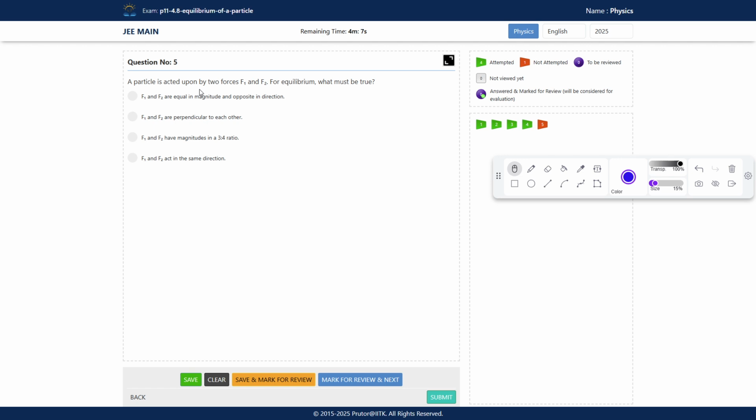A particle is acted upon by two forces F1 and F2 for equilibrium. What must be true? Option A, F1 and F2 are equal in magnitude and opposite in direction. B, F1 and F2 are perpendicular to each other. C, F1 and F2 have magnitudes in the ratio 3:4 and act in the same direction. Please answer.